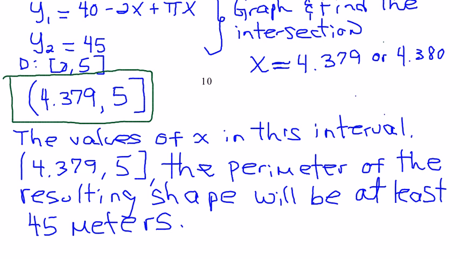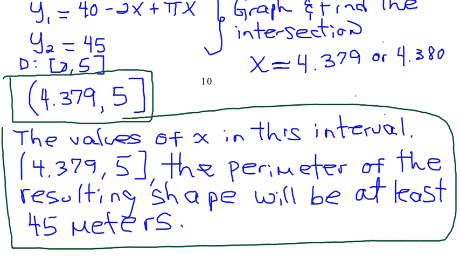And that is it. So what this means is that for the values of x in this interval from 4.379 to 5, the perimeter of the resulting shape will be at least 45 meters. And that was all that was required for this free response.